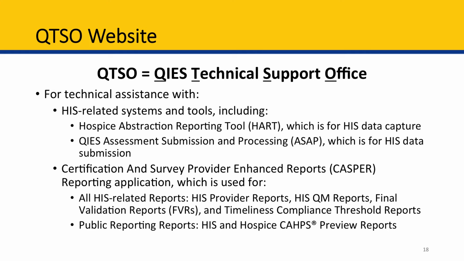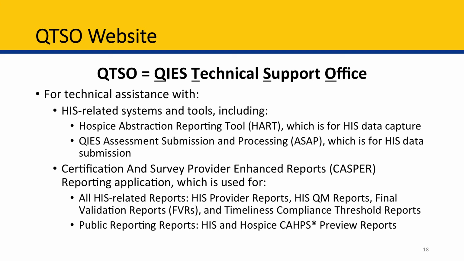As its name implies, the QTSO website provides technical assistance for various systems, tools, and applications. As it relates to the HQRP, the QTSO website covers two main topics: HIS data systems and tools, and the Certification and Survey Provider Enhanced Reports application, or CASPR.